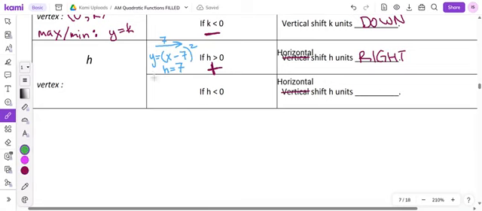Now, if I make the h a -2, so now we're talking about having a negative h. I want you to write the equation, right? So you're going to write y equals, it's going to go inside the bracket.